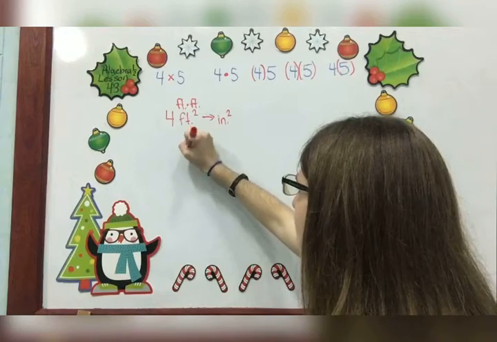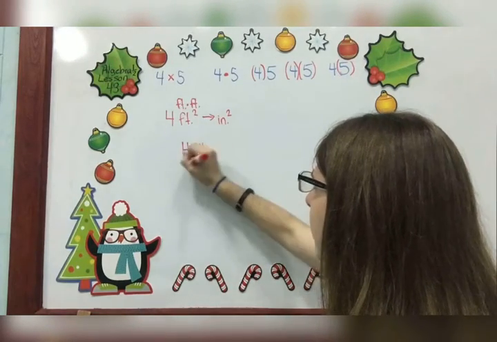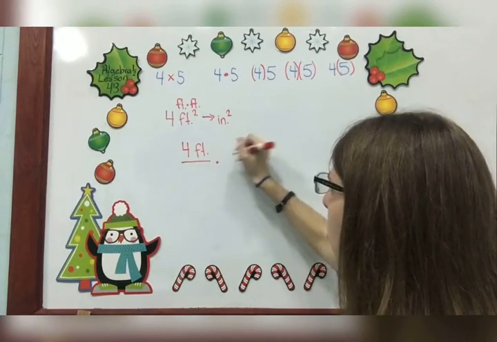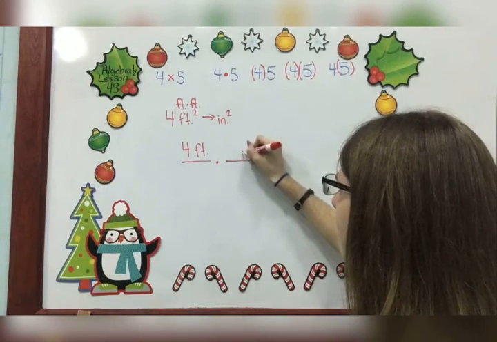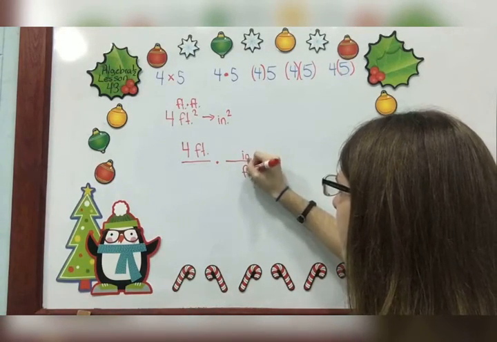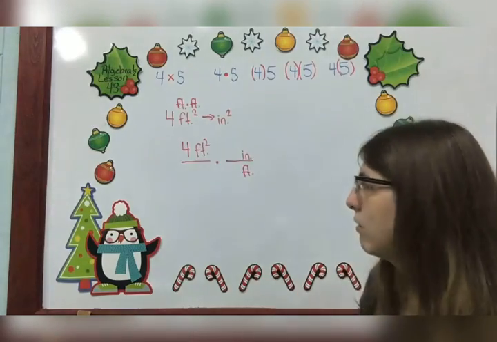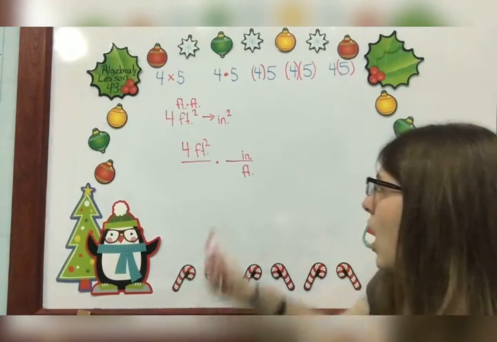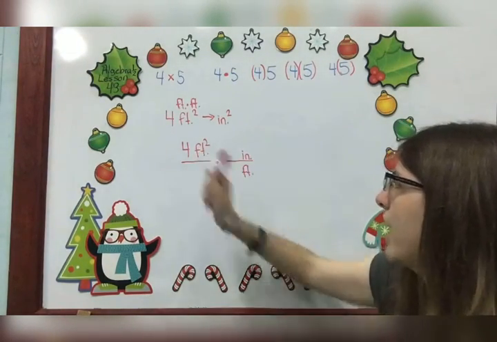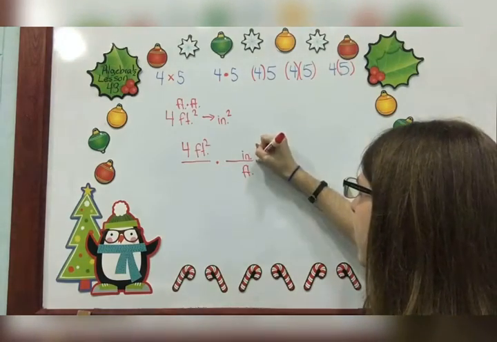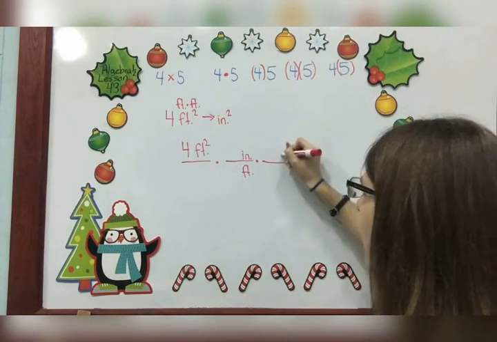So to set up my problem, I set it up as 4 feet. I know I'm going to inches from feet. Excuse me, that's 4 feet squared. Big difference. All right, so this will get rid of 1 of my 2 feet. But I need to get rid of 2 of them, so I have to do another 1.